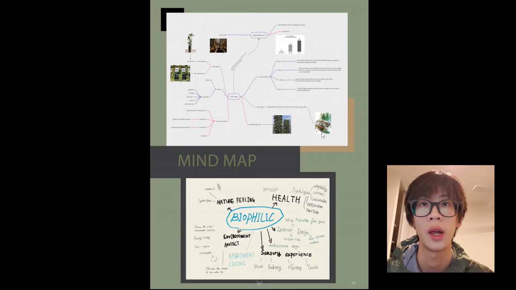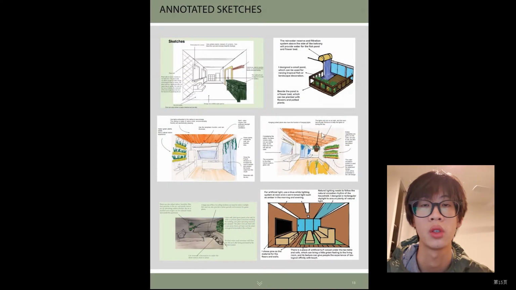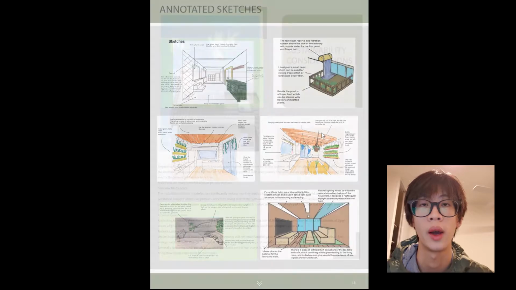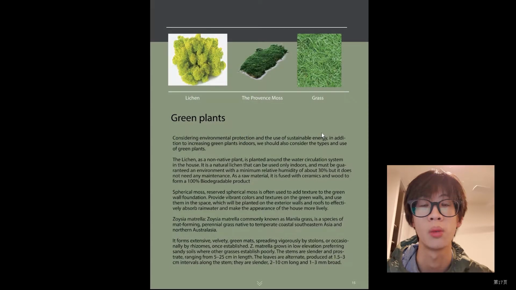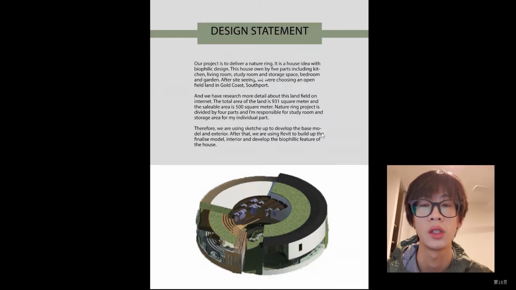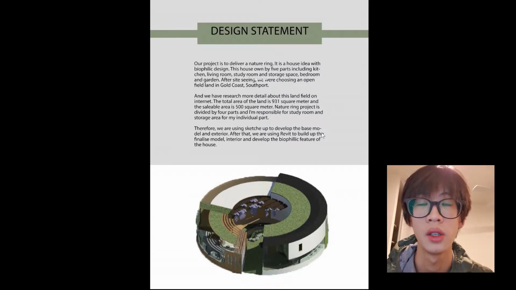Our group members made mind maps and sketches so that we can share our ideas together. Our sustainable consideration is solar energy used on the roof and green plants used on the wall and the ground. This is the first early render of the house.